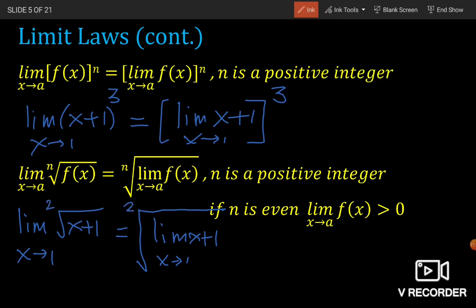There's no need to put 2, since it's automatically the square root, but just for illustration purposes, 2 is an even number. So here, the limit of x plus 1 as x approaches 1 should be greater than 0, because if it's negative, then you'll be getting the square root of a negative number.